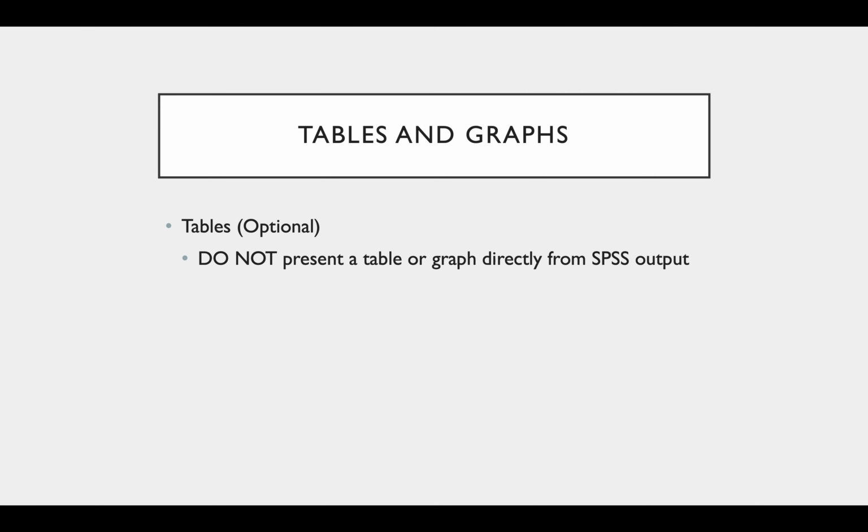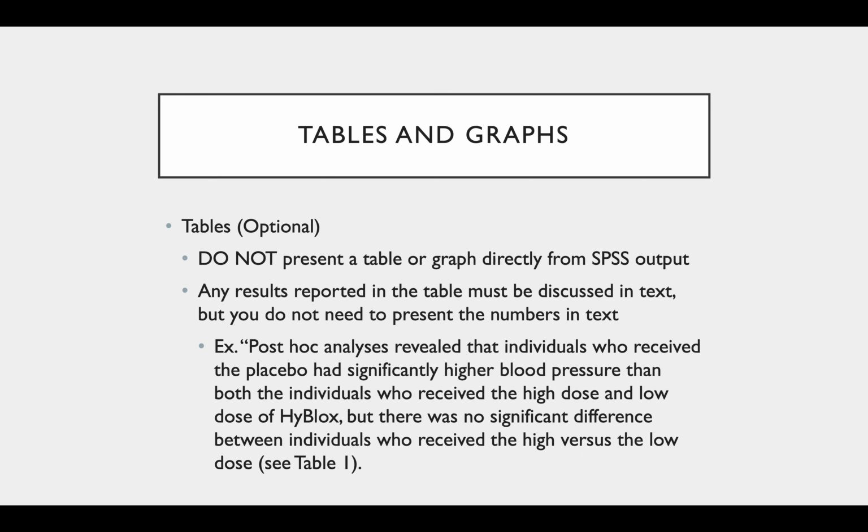They're not APA format. They're not particularly pretty. They're kind of dense. They have a lot of information that you don't necessarily need. So definitely do not copy and paste anything from your SPSS output directly into your results section and call it a table or call it a figure.